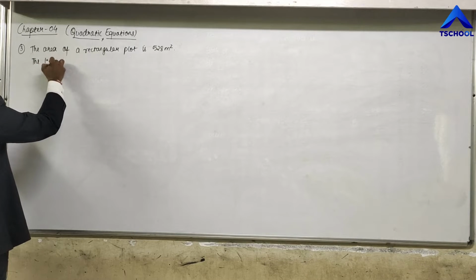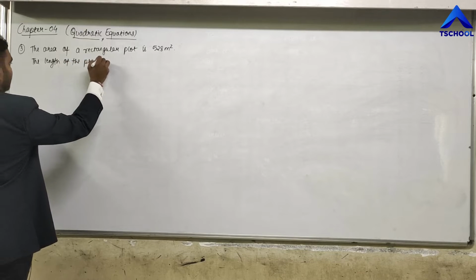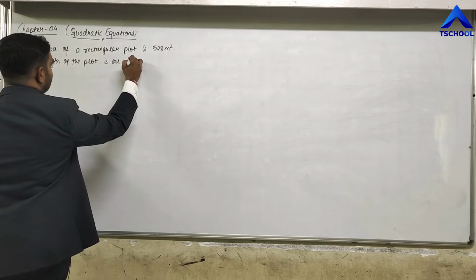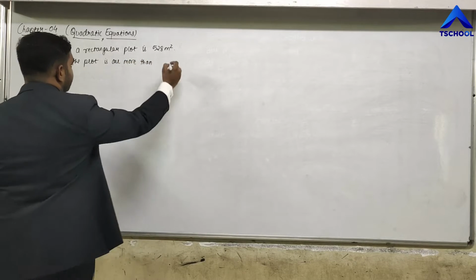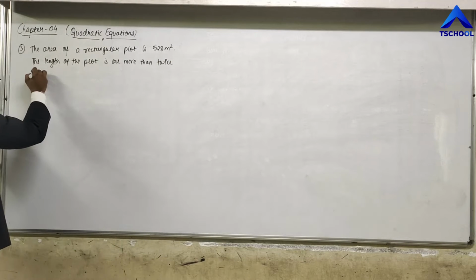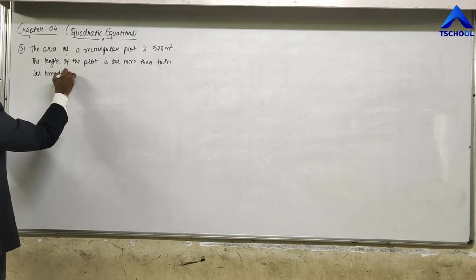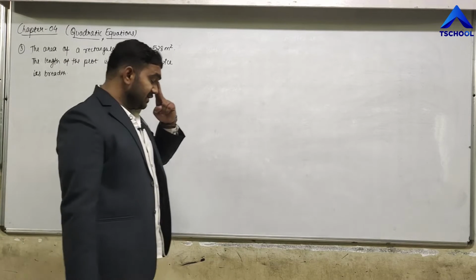The length of the plot is one more than twice its breadth. So form a quadratic equation for this condition. The area of a rectangular plot is 528 meters square.